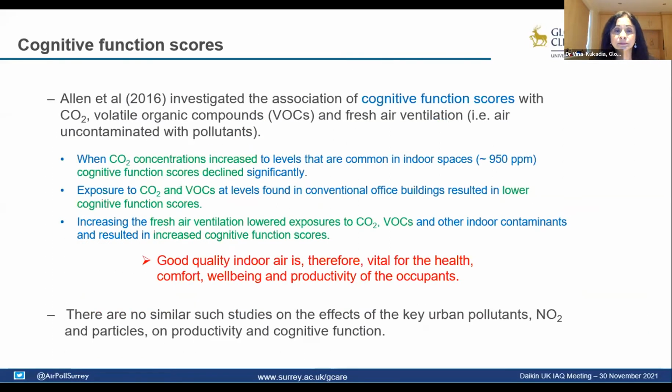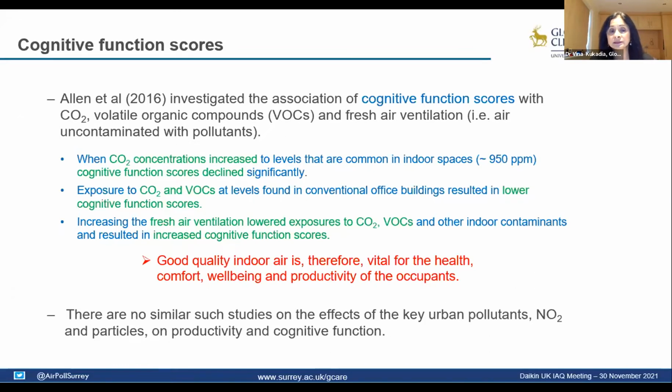Just some studies: in 2016, Allen and his colleagues investigated the association of cognitive function scores with carbon dioxide, volatile organic compounds and fresh air. Fresh air ventilation is really regarded as air that is fresh or uncontaminated with pollutants.